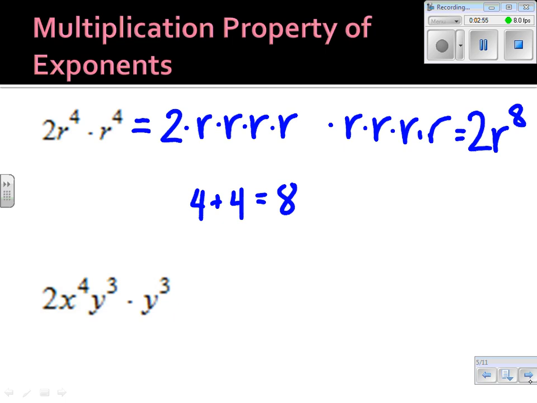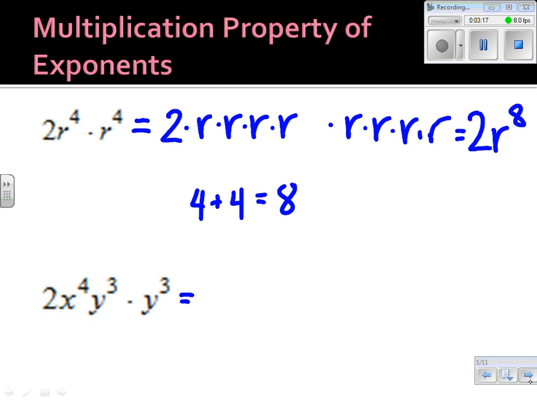The second example of the multiplication property of exponents is a little bit more complicated. We have 2 times x to the 4th, y to the 3rd, all times y to the 3rd. If we do not want to write this out in expanded form, we could simply use our rule to add the exponents together.